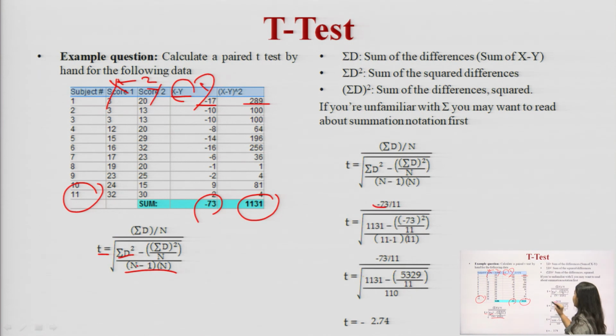The summation of d is equal to minus 73, divided by 11, the number of observations. How many observations are there? 11. And again we take the summation of d squared, this value, we add all these values and get this, then minus, we put in all this data and at the end we will get our t-value.